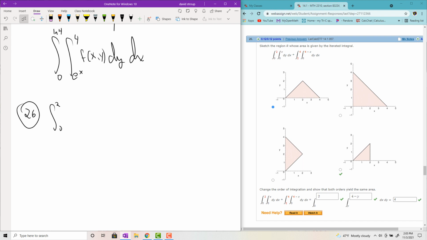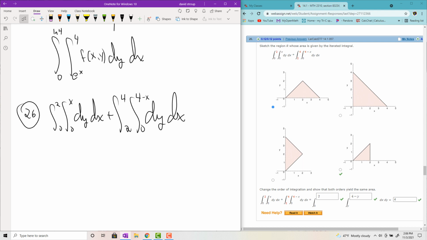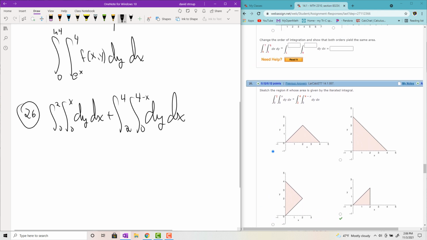So 0 to 2, 0 to x, dy dx, plus 2 to 4, and then 0 to 4 minus x, dy dx. So I want to sketch it, change order, and then finally evaluate.